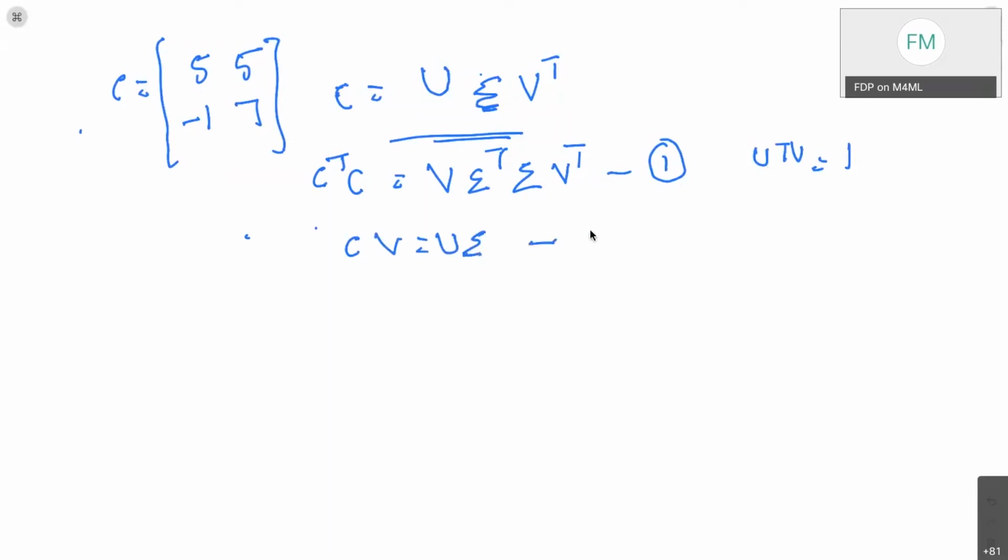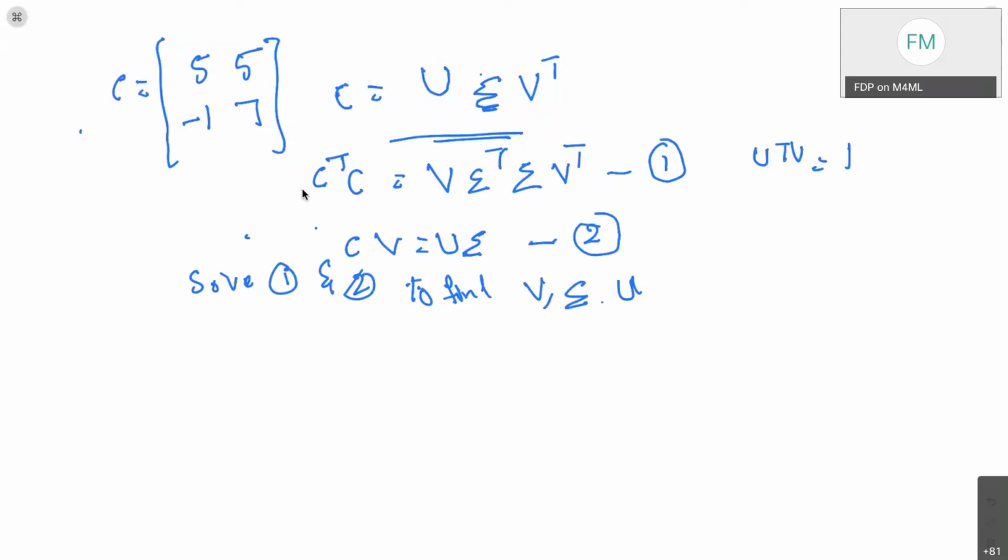So let me call this expression 2. Now what we are trying here is to solve equation 1 and equation 2 to find V, sigma and U. Okay, right?